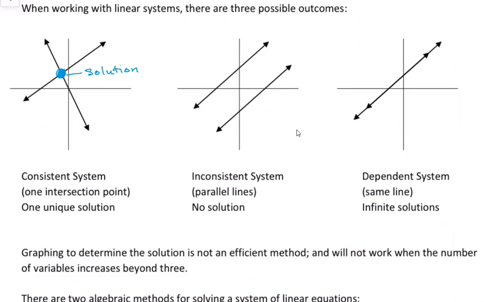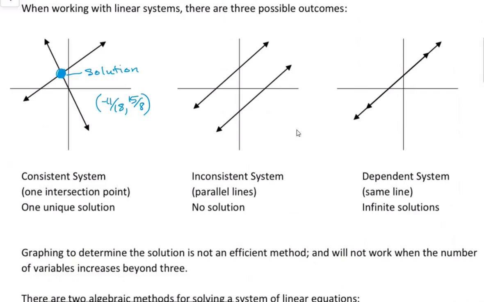Now it is if they happen to intersect at a nice point like -1, 2, but what if this intersection point here was -11/18, 15/8? Now that would be very hard to see on a graph. So we need an algebraic way to come up with what that exact solution might be.